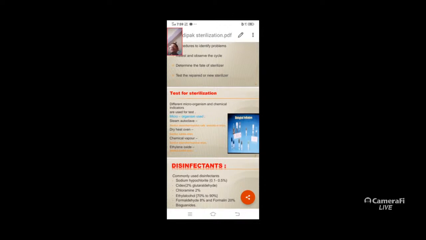Tests for sterilization. There are so many stages of sterilization.